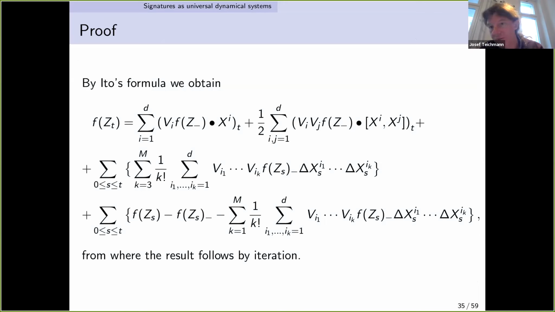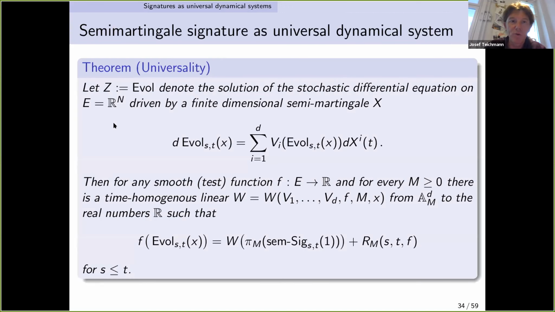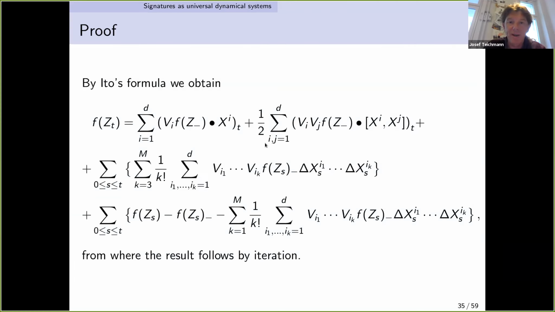And the proof is actually very easy. You just take Ito's formula and apply it to the solution of this equation. Allow me to denote the solution by Z. So I have this equation here. And then, of course, you can make a little trick. You can add outside additional terms starting at 3 going to M, and these terms take higher derivatives with respect to F and multiply them with the respective jumps in the respective order.